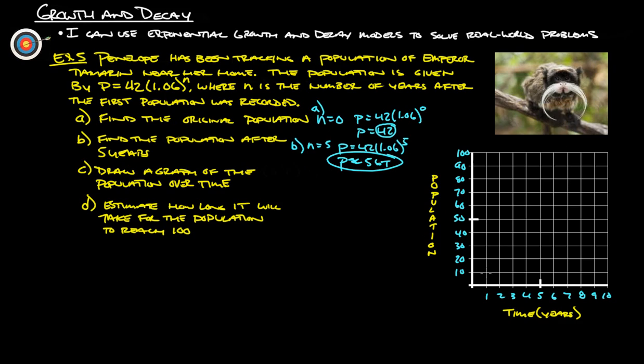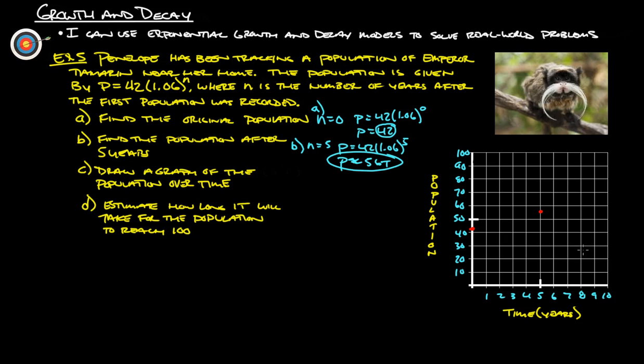So we get n equals 0, and then let's do this in a different color. So we've got our population was 42. So here's our y-intercept, right? At 42, our initial population. And then at 5, we're now up at 56. Right, so right about there.